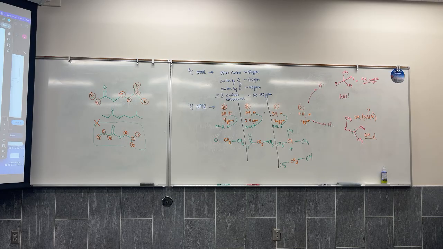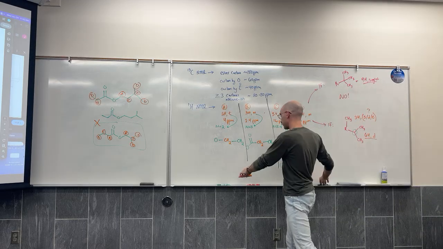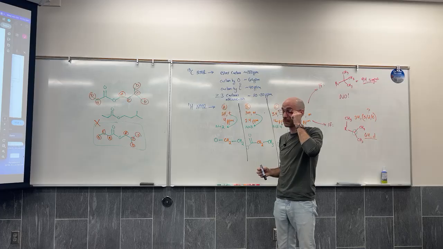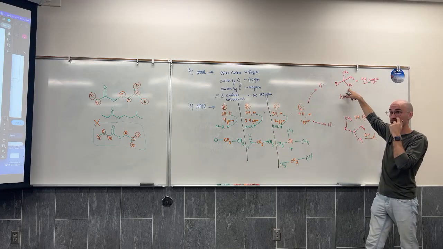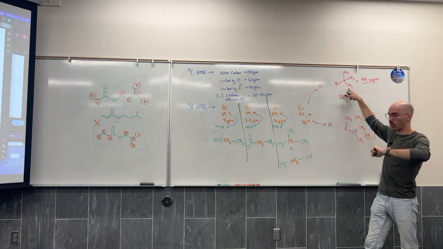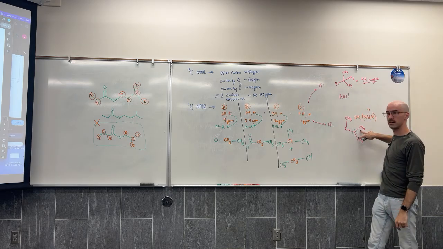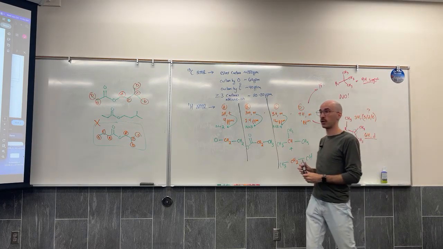But it doesn't necessarily tell you how many carbons. Okay, so if you have 3 CH3s, they're not going to show up as the same peak, or they will? Depends. Are they identical? Okay. And are they the same type of carbon? Or are they different types of carbons? Then they'll show up different.